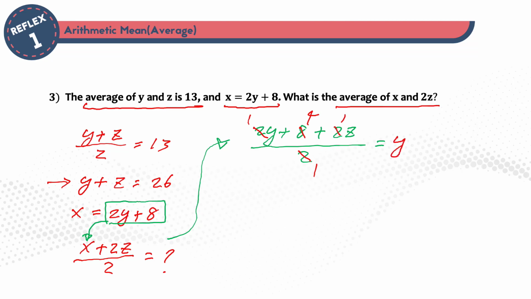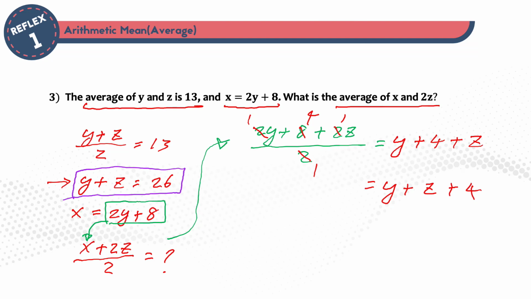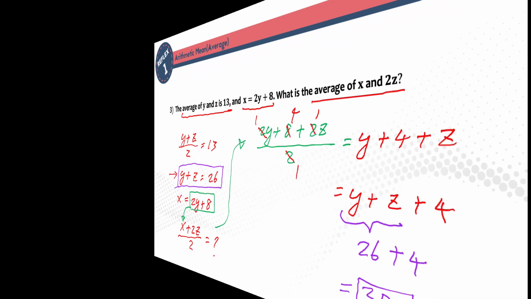So we get y plus 4 plus z, which is equal to y plus z plus 4. Now, aha! We know y plus z is 26, so this is equal to 26 plus 4, we get 30 as our answer. Done.